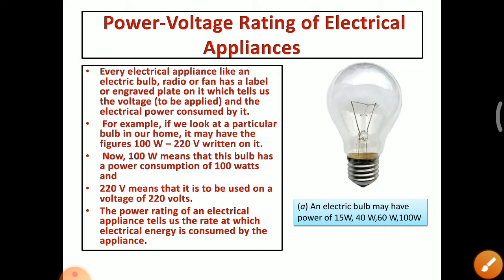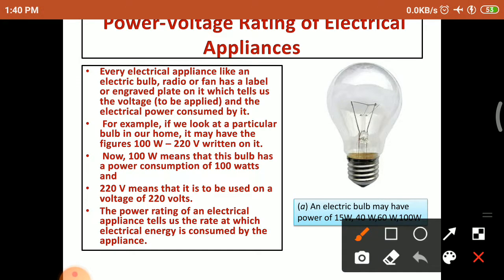Now, power and voltage rating of electrical appliance. So how to calculate power and voltage rating of electrical appliance? See here, every electrical appliance like an electric bulb, radio, or fan has a label or engraved plate on it, which tells us the voltage and electrical power consumed by it.